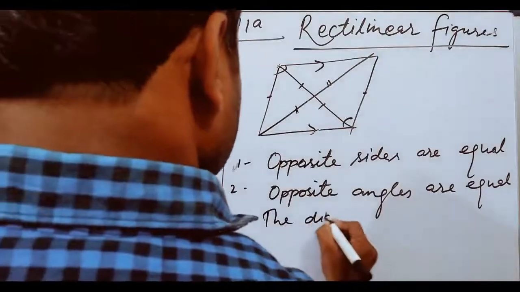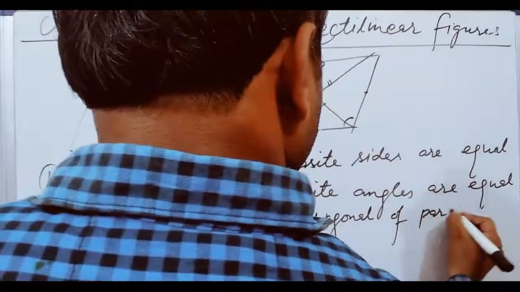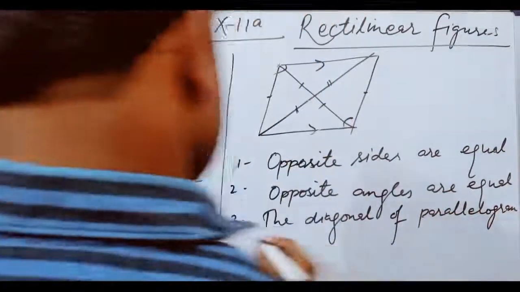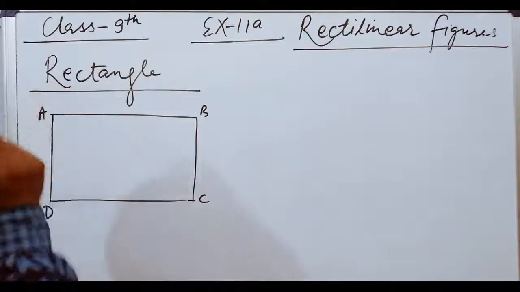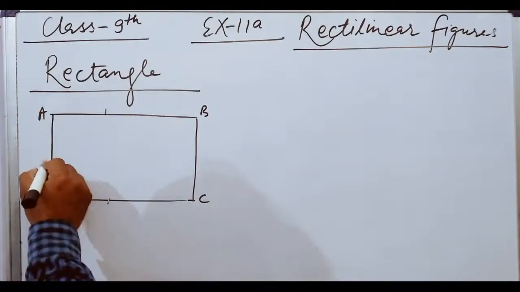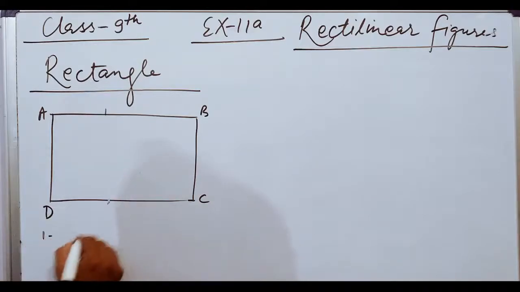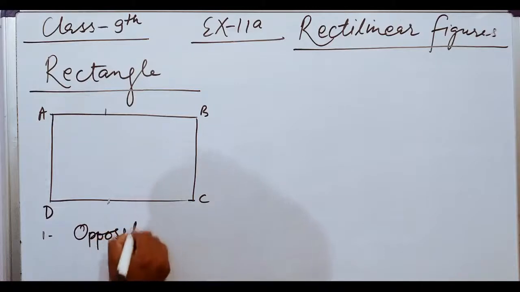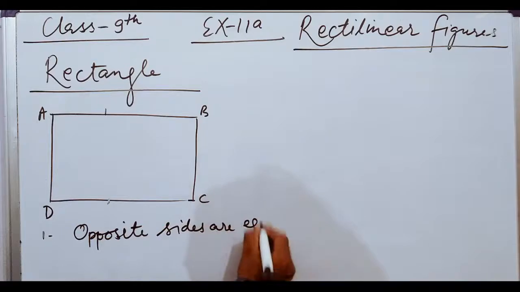Now rectangle. In a rectangle, opposite sides are equal.